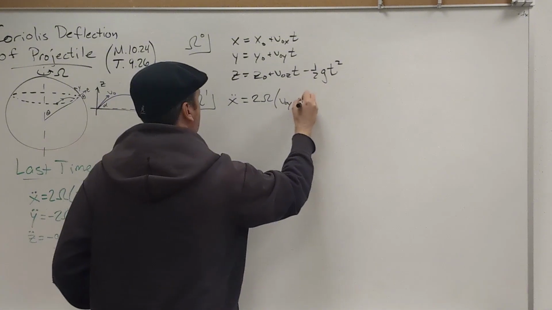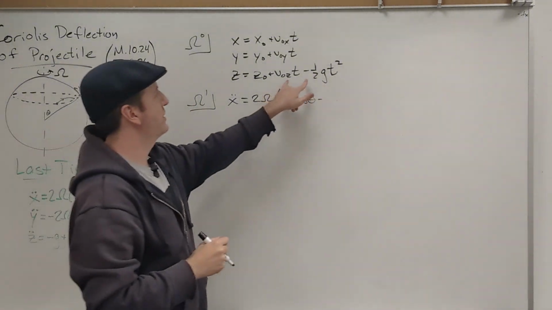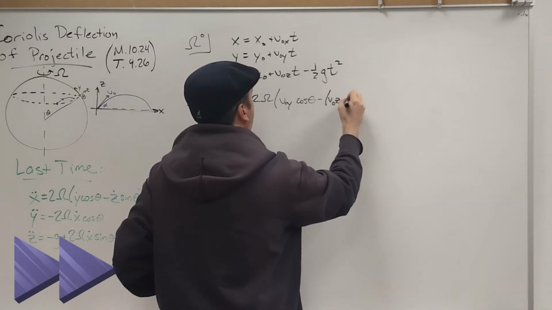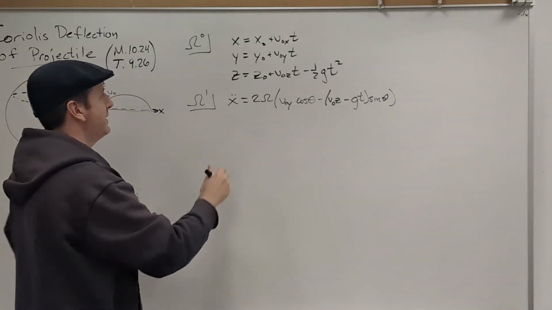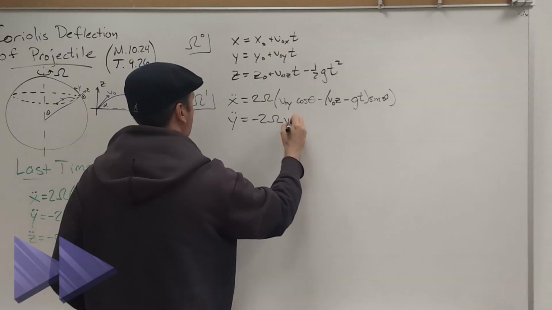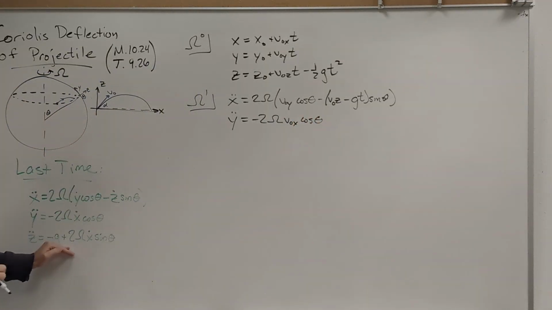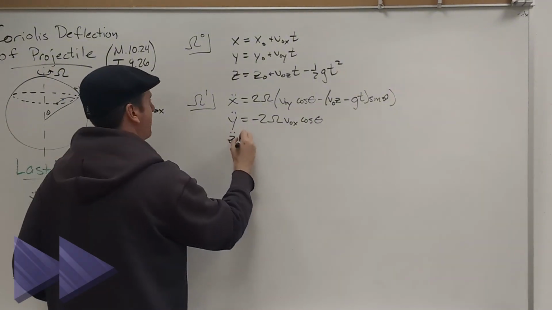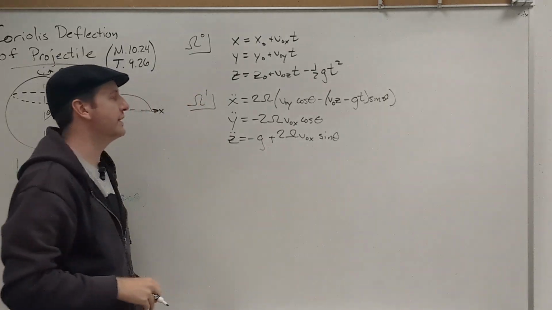Z dot, however, does have two terms. That's maybe a little bit messy for x double dot. For y double dot, not so bad. And then for z double dot, we end up with this.